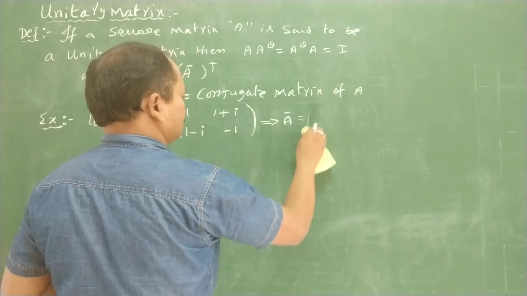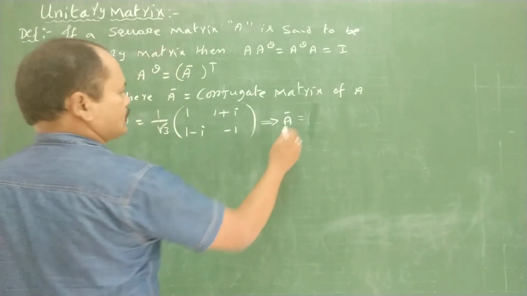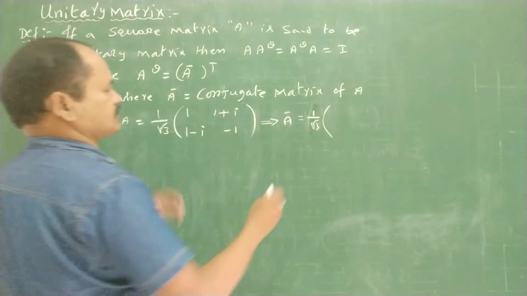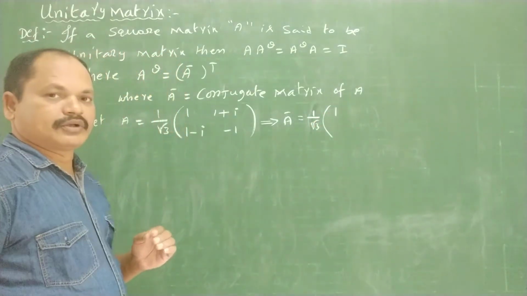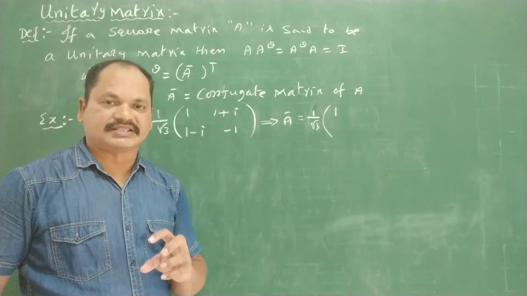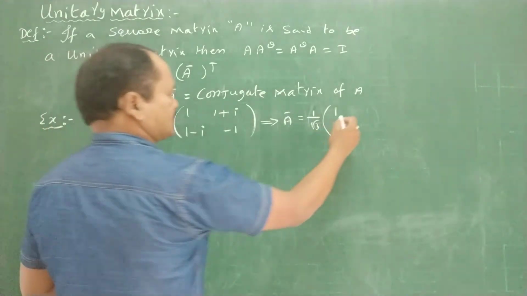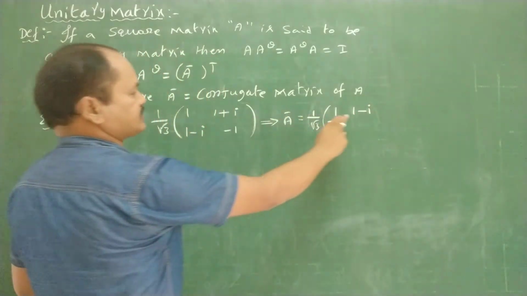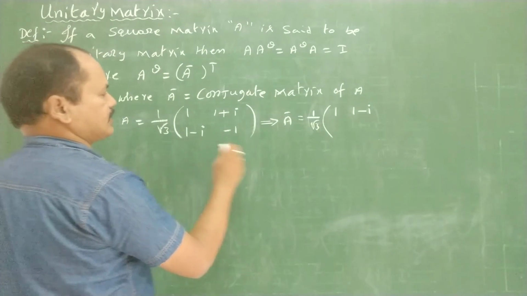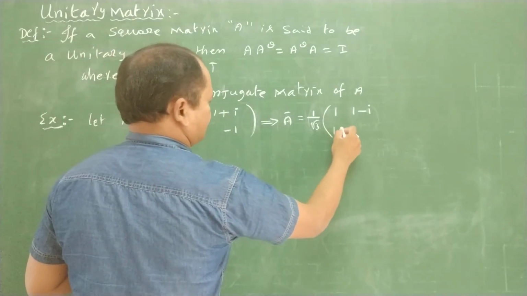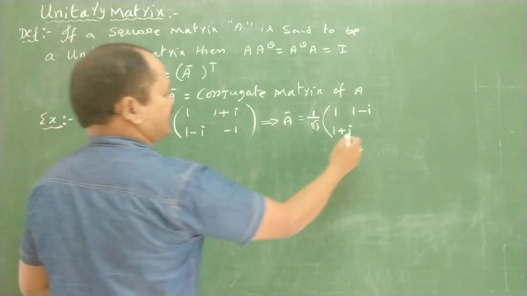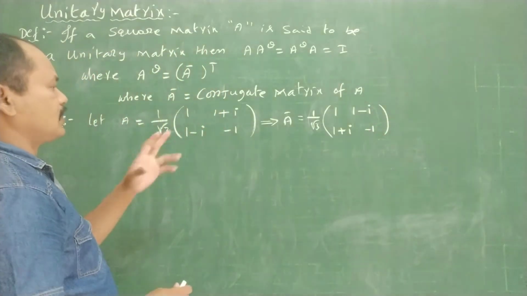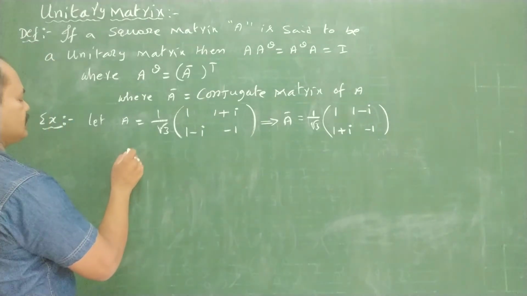A bar is 1 by root 3 into, here it is 1. Now, the conjugate of a plus ib is a minus ib. So 1 plus i conjugate is 1 minus i. 1 minus i conjugate is 1 plus i. Here it is minus 1, a real number. That's all. Right.